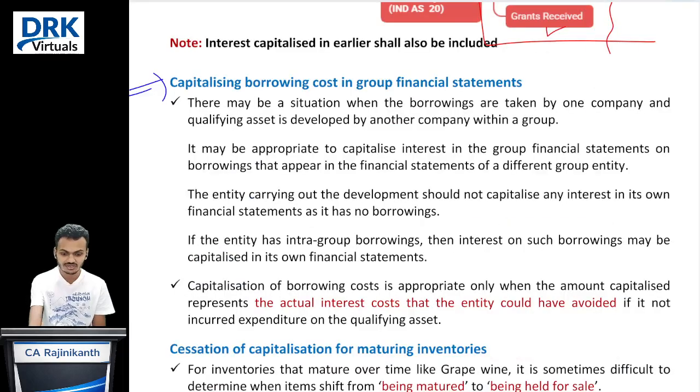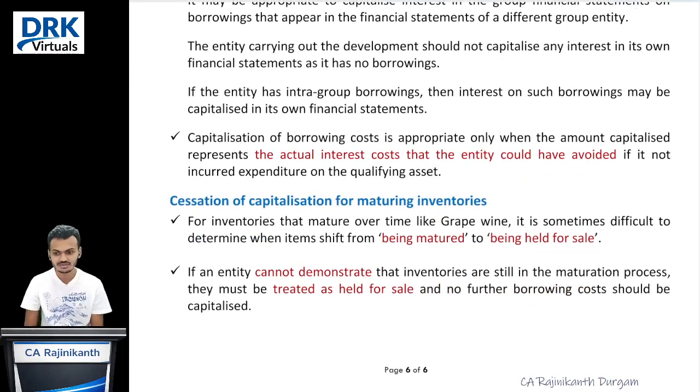And coming to the next topic, cessation of capitalization of maturing inventories. Some inventories take a very long time to become mature and held for sale, like wines, whiskey. For that kind of inventories, it is very difficult to say the point of time at which the maturation process is completed.